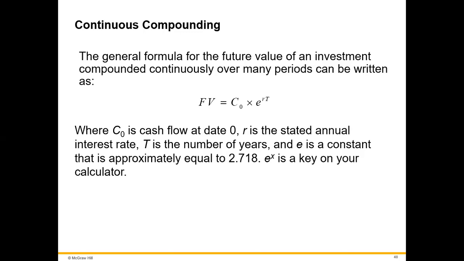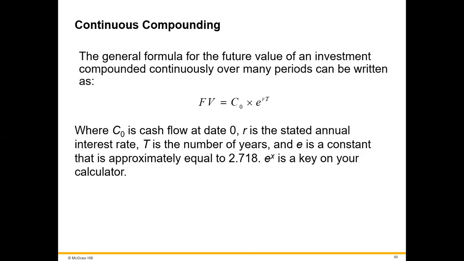The next formula is for the future value of an investment that compounds continuously over many periods. And the formula for that is future value equals cash at time 0 times e to the r, stated annual interest rate, t, number of years.